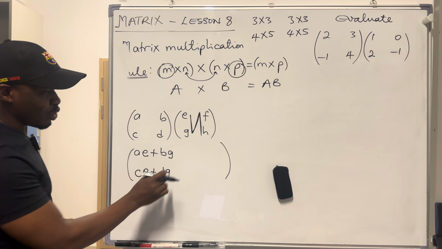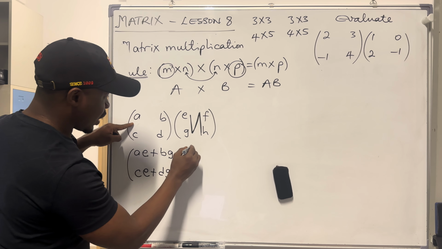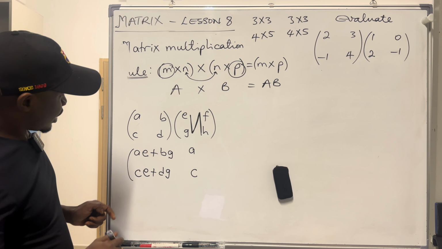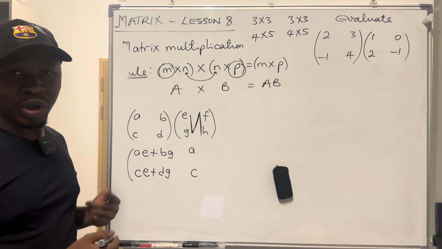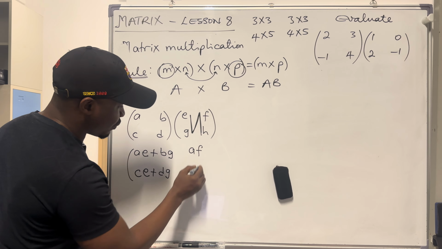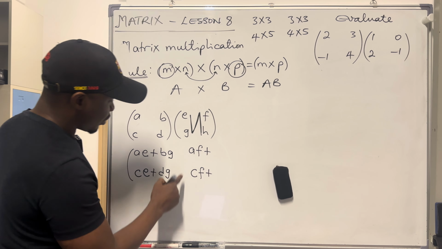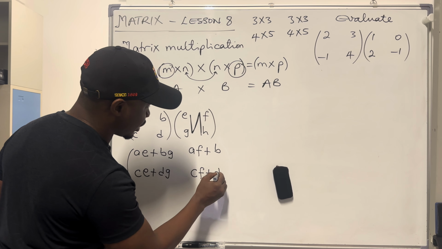So what do we do? We leave a gap and start again. AC. Do you see the gap? All right. Now we are done with E here. G is done here. We go to F. So we say AF, plus again, BH. We are done with AC, BD. So we say CF and DH.